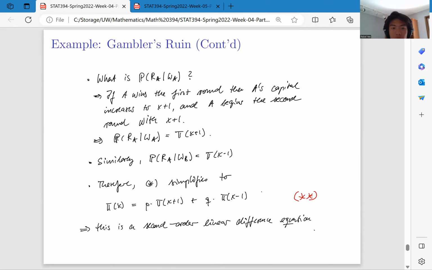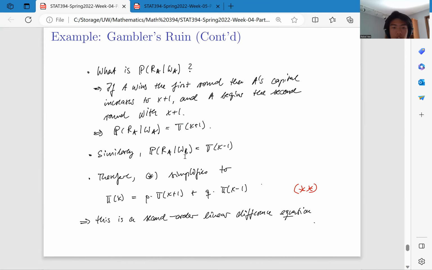So the probability of RA given WA is equal to pi x plus 1, because we have one more dollar for A for the condition here. WA is already a win, so A already wins one, so we plus 1.